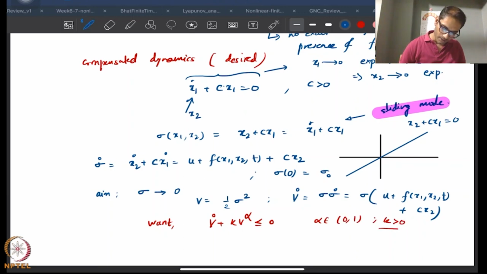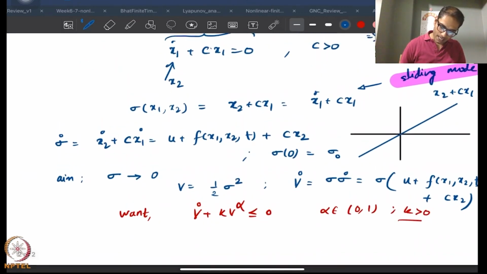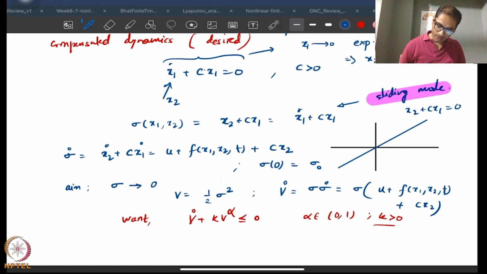That's our requirement. So based on that, if I try to substitute here, I would choose u as minus cx2 plus some small v, which we don't know yet.